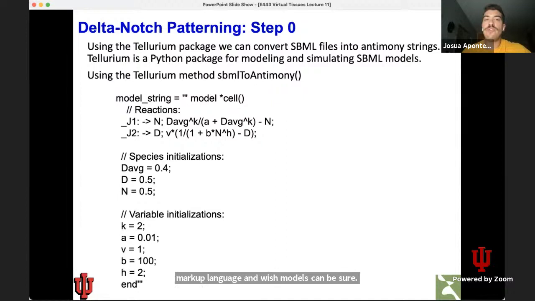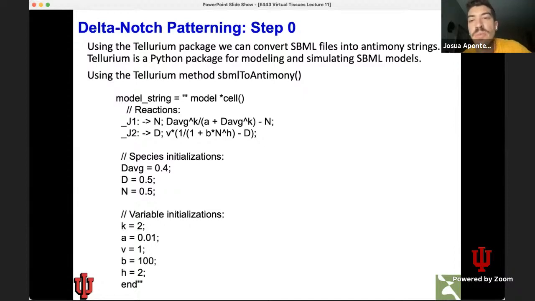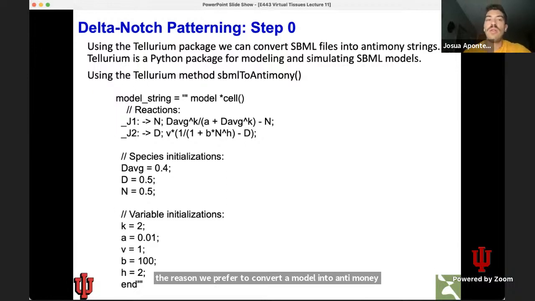The reason we prefer to convert SBML models into Antimony strings is because Antimony strings are more readable from a human perspective. It's easier to understand how the variables interact, what the equations of the model are, what the parameter values are, and so on, by looking at the Antimony rather than opening the SBML.